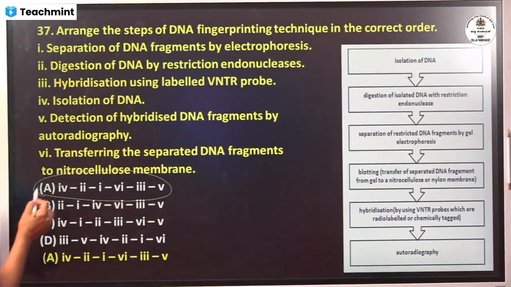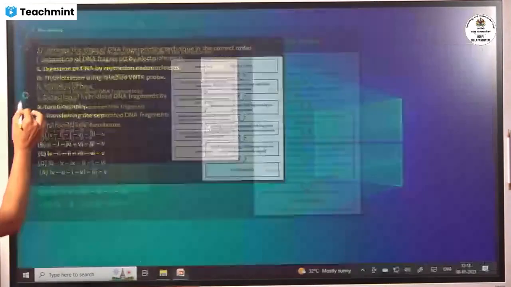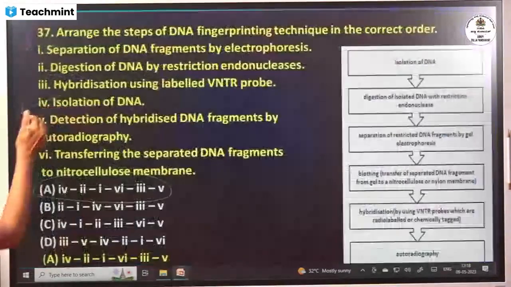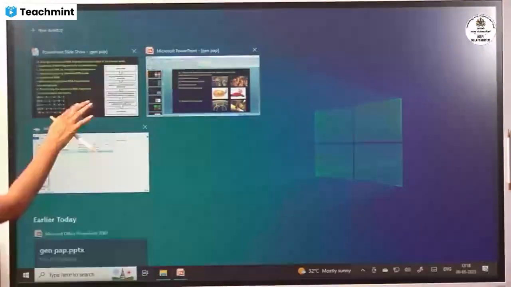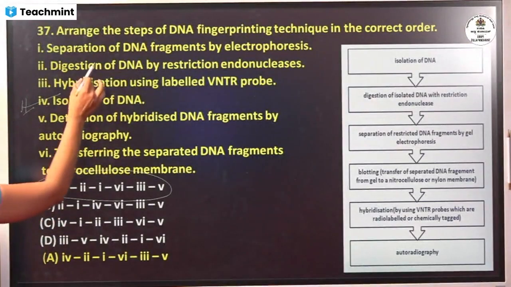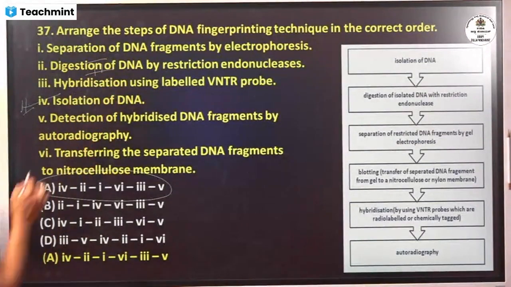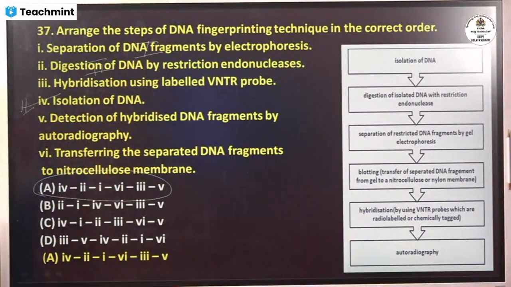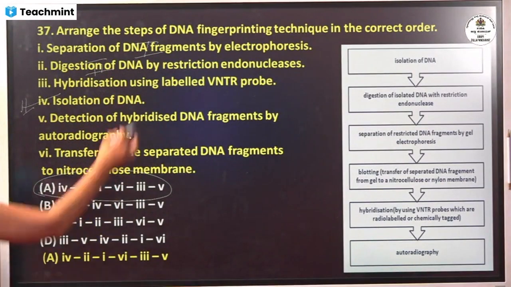A is the right option because the first step is isolation of DNA. Then it is followed by the digestion. The second is digestion of DNA by restriction endonucleases. This is followed by separation of DNA fragments by gel electrophoresis.